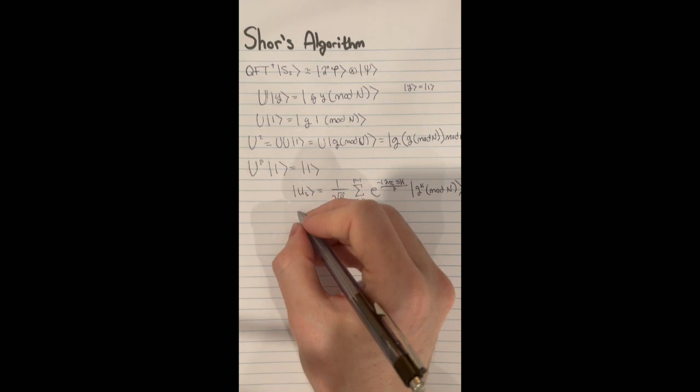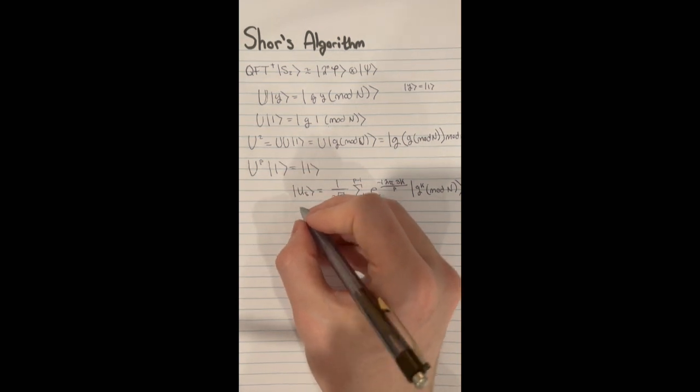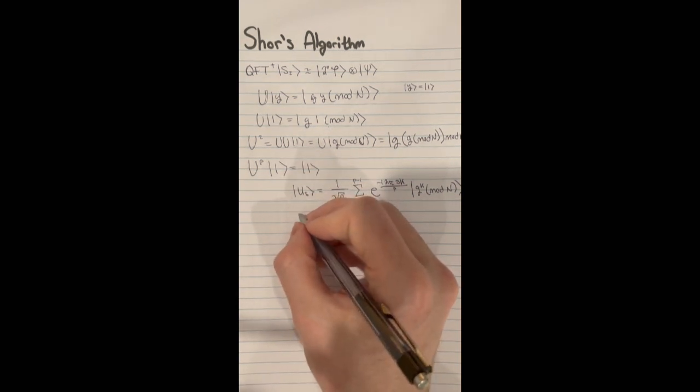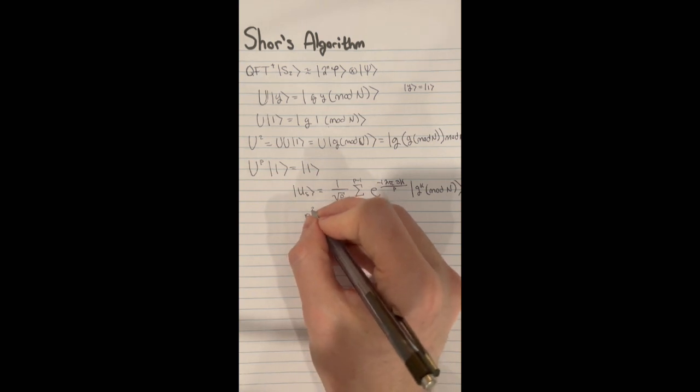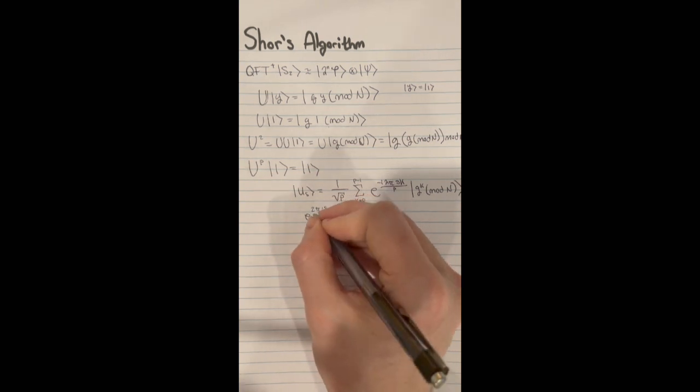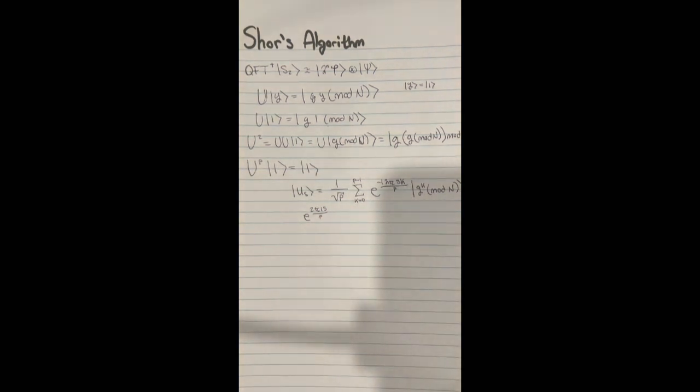And this will have an eigenvalue of e to the 2 pi i s over p.